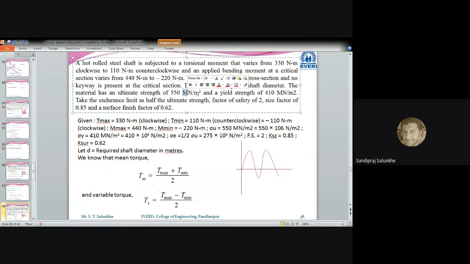Here, instead of giving megapascal, it is given as mega Newton per meter square. Okay. And the yield strength is 410 mega Newton per meter square.